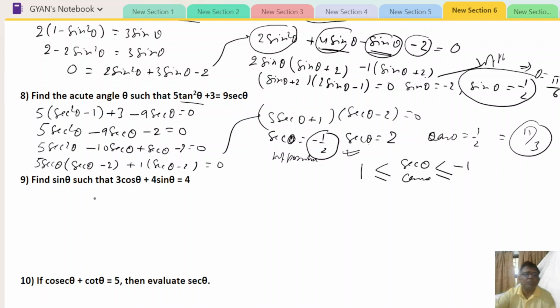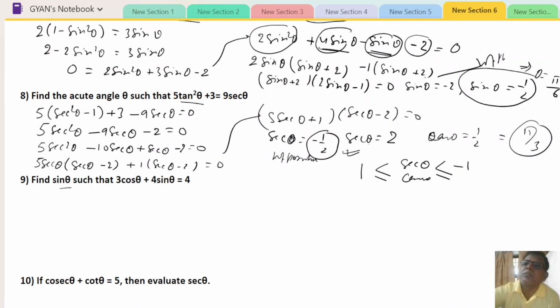Now come to the ninth question. Here find sine theta where 3 cos theta minus 4 plus 4 sine theta is equal to 0.